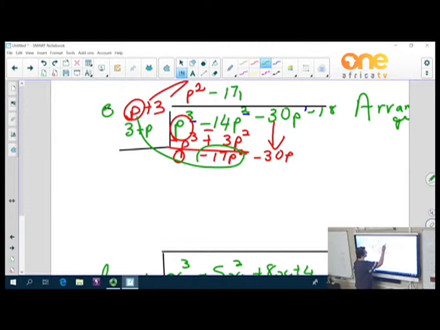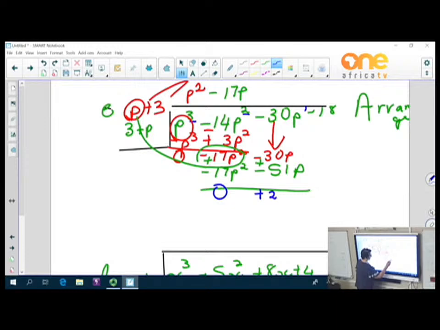Negative 17p times, multiply, then you have negative 17p squared, multiply there, and that is negative 51p. We change the second signs and add, eliminates here, negative 30 plus 51 is positive 21p. We bring down that number, negative 18.